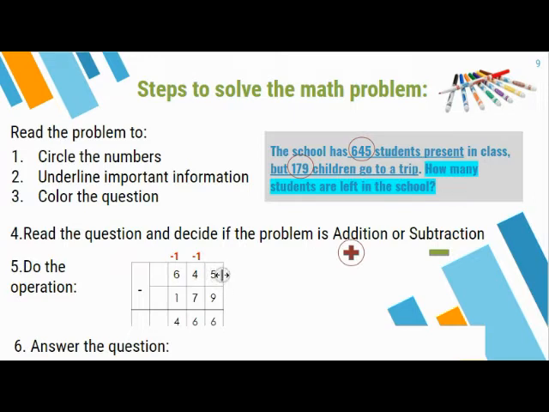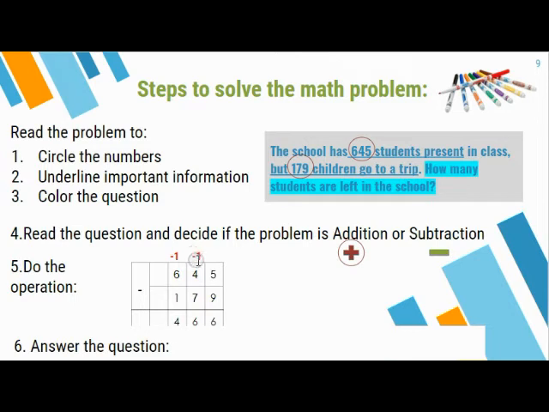In this case, we have 645 minus 179. 5 minus 9 is not possible, so we borrow a 10. And 15 minus 9 equals 6.